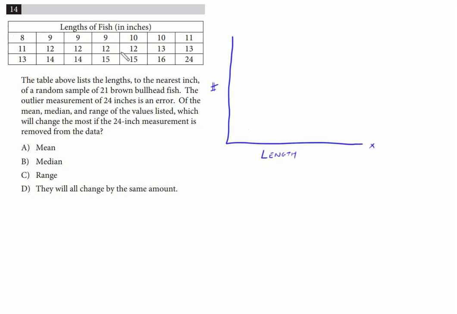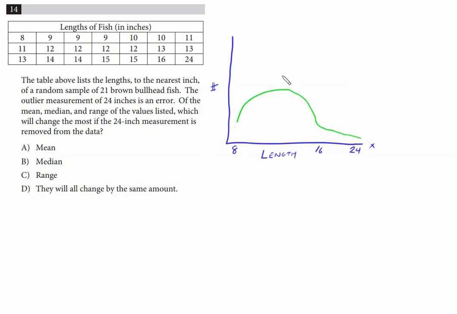I see a large cluster of numbers between 8 and 16 and 24 here. So I'm picturing a curve, a distribution that's going to look something like this, with 24 out by itself.